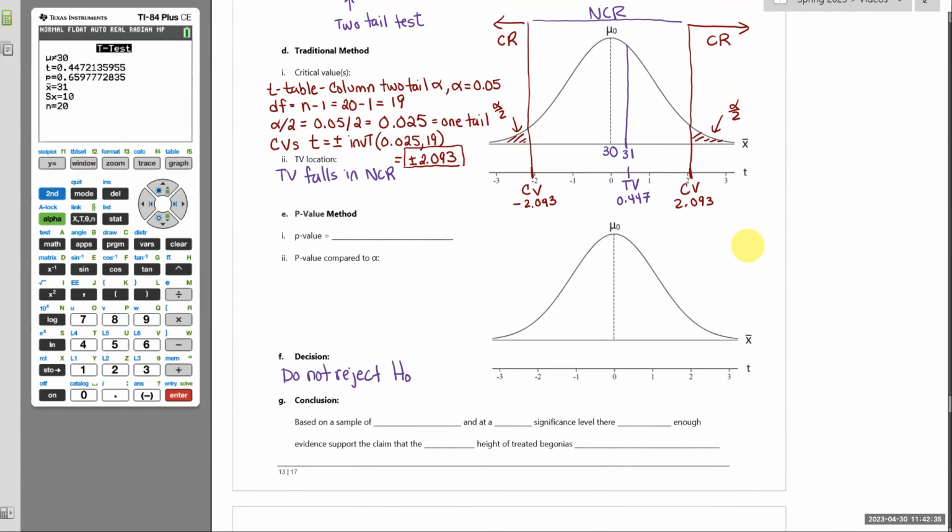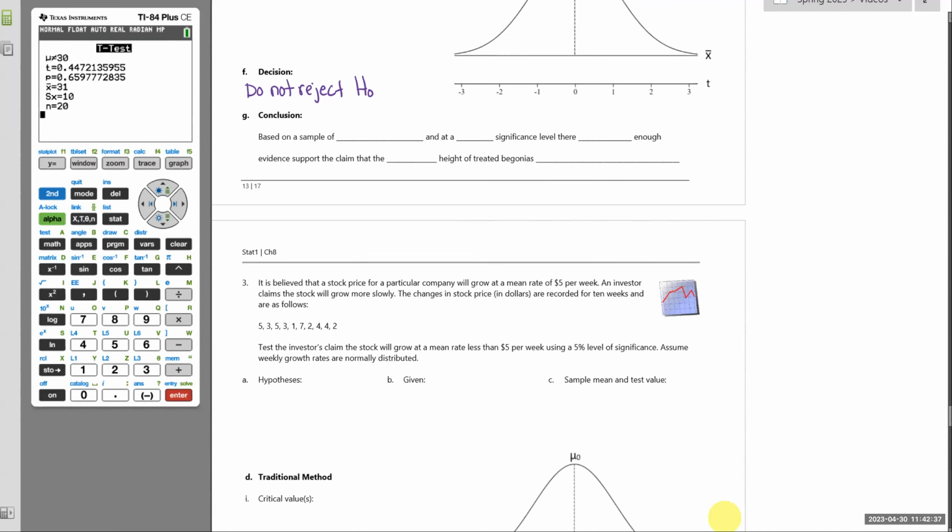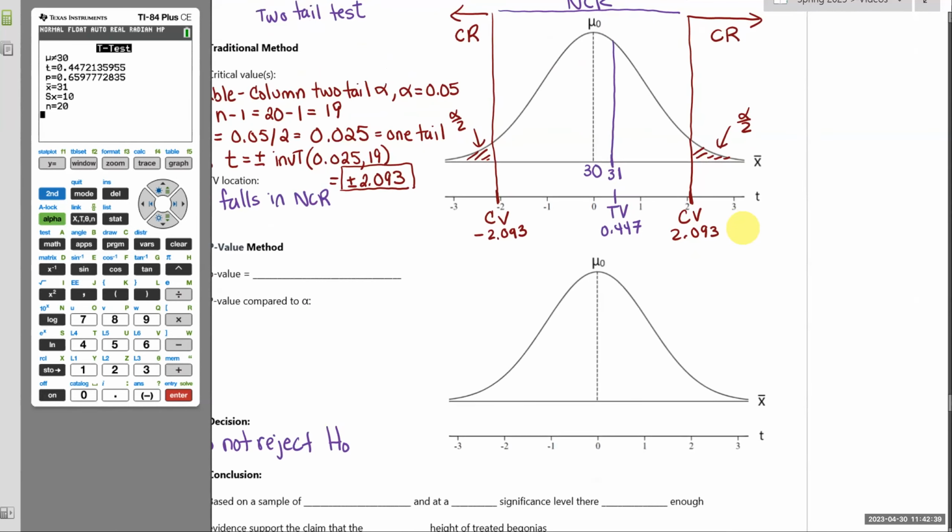All right, so p-value method. So for p-value, here's our 30. And the only thing we graph is our test value to start. So that told me 31 is there.